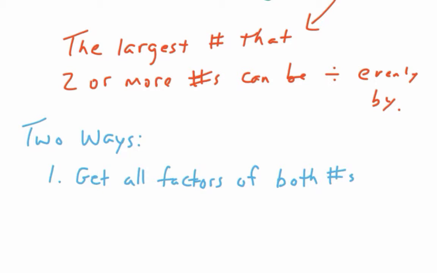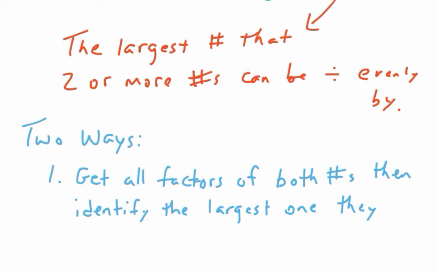I'm going to assume that we're just trying to find the greatest common factor of 2 numbers here. It makes step 1 look a little more clear. Get all the factors of both numbers, then identify the largest one they have in common.